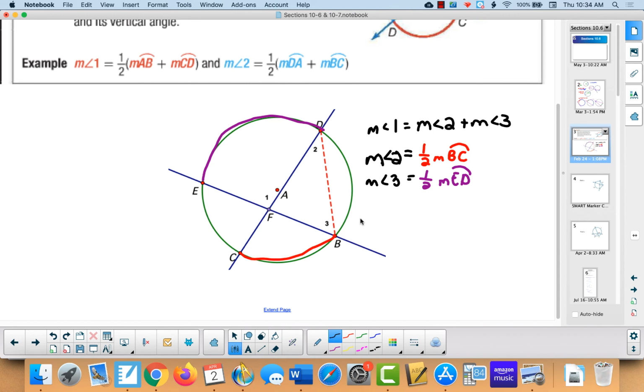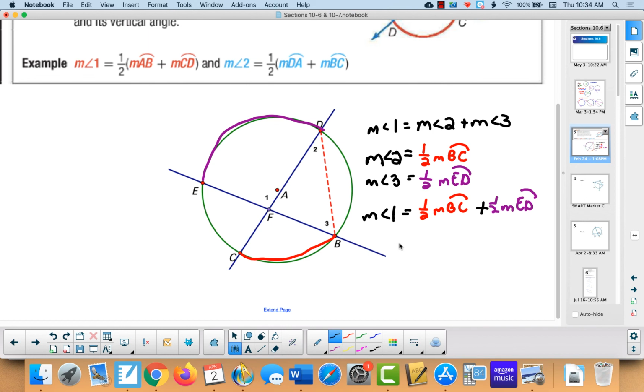So by plugging those in, I can say that the measure of angle 1 is equal to 1/2 the measure of arc BC plus 1/2 the measure of arc ED.